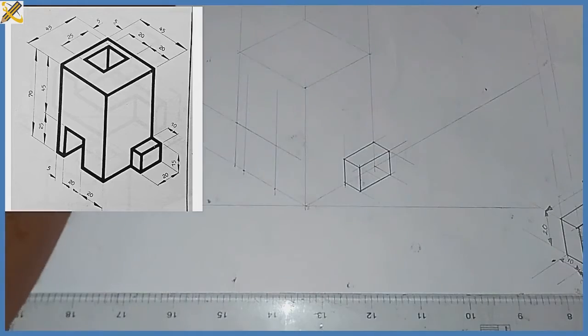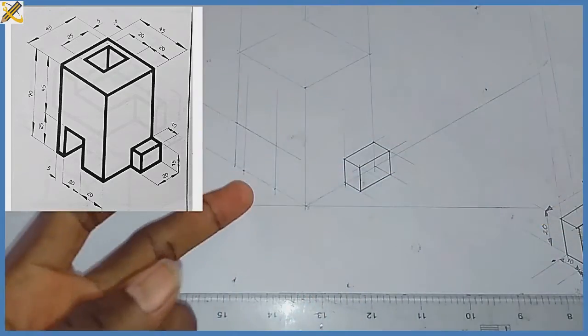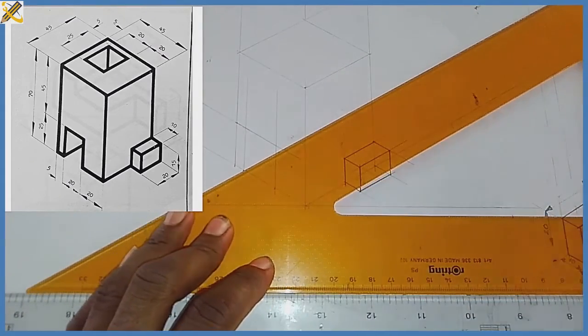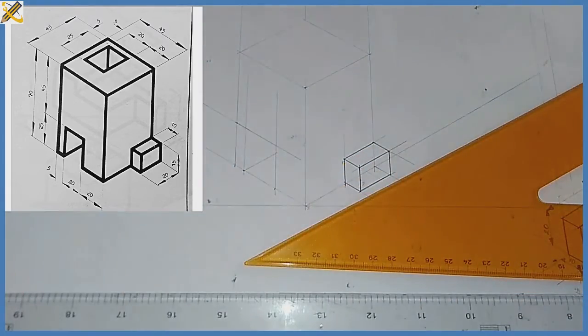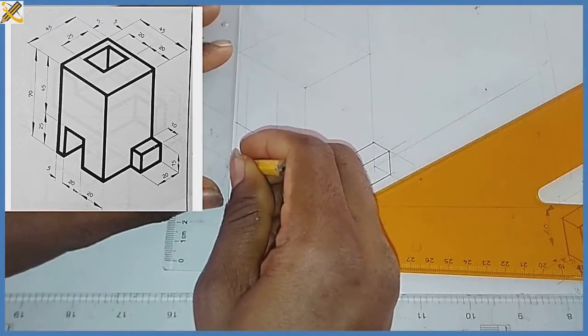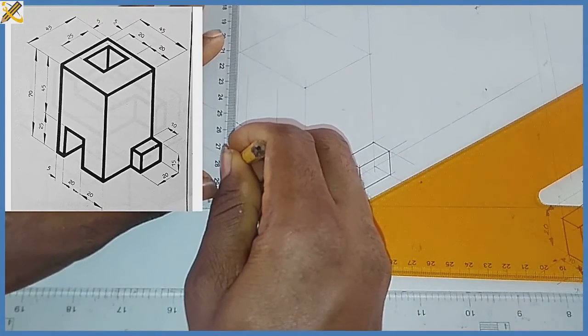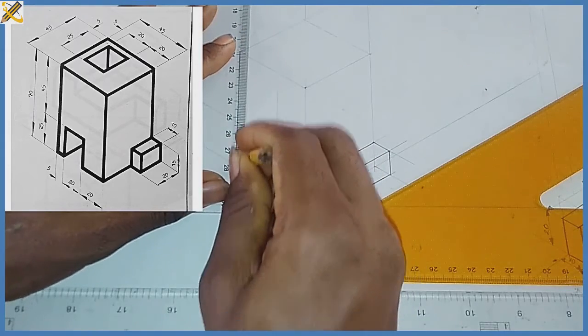So having it in that manner, this goes inside here to show that there is a hole here. So with my set square also, I project that part. So having it that way, I'm going to thicken this area out also. I'm going to thicken it out in this manner.